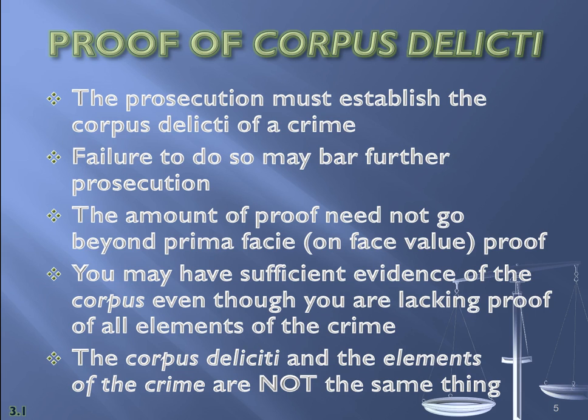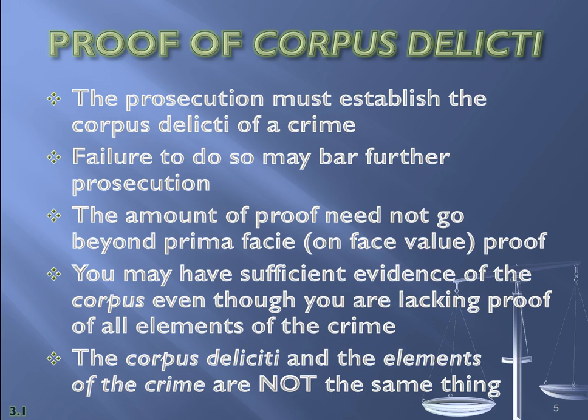The amount of proof, again, need not go beyond prima facie, on its face proof, and the prosecution is said to have a prima facie case when evidence in its favor is sufficiently strong for the defendant to be held to answer for it.